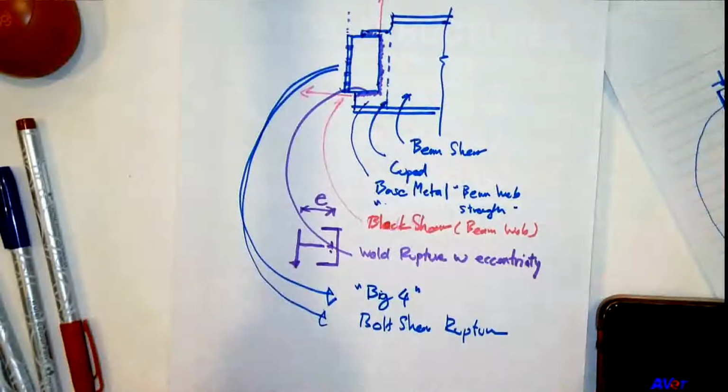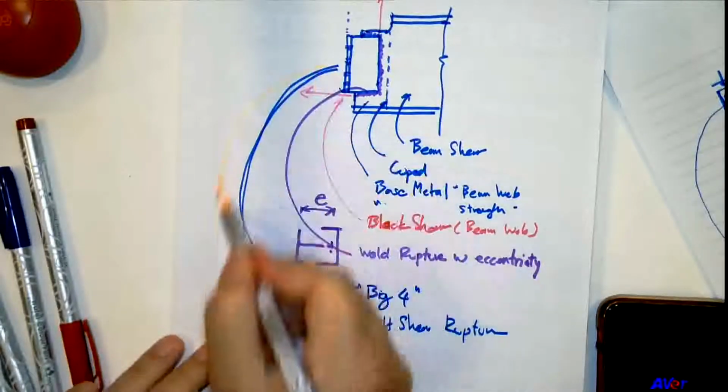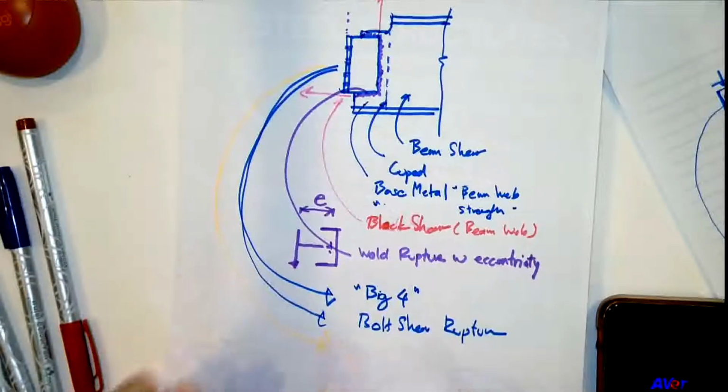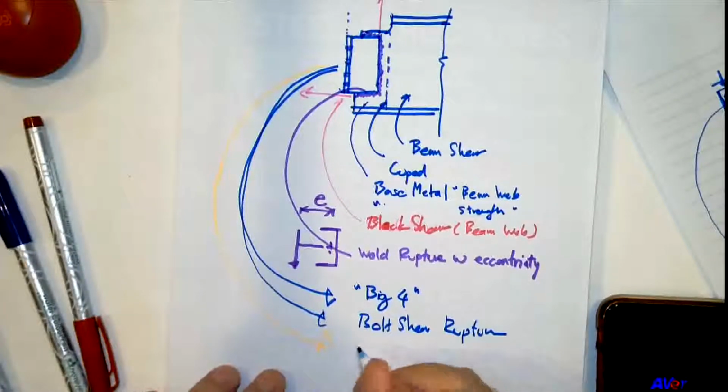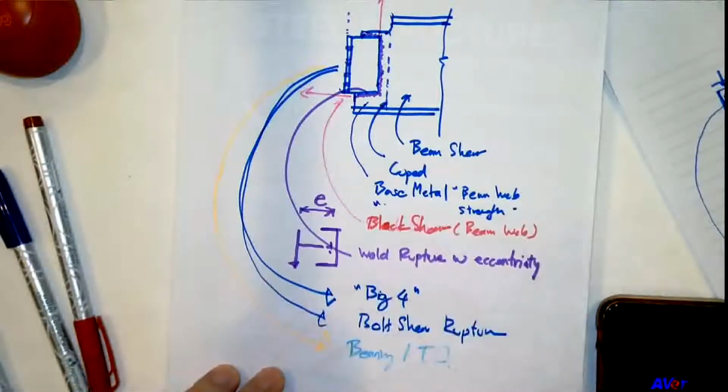Here. And then the bolt holes on the support side. Blue is fine. And then the bearing tear out on the support.